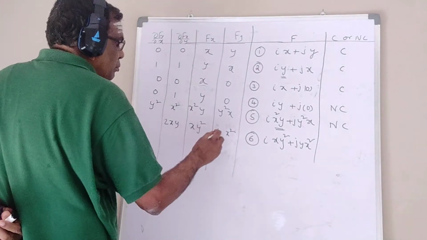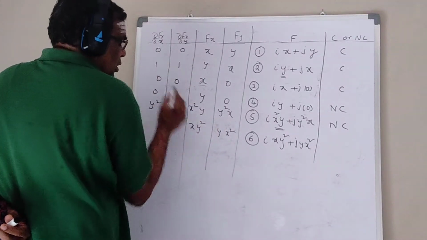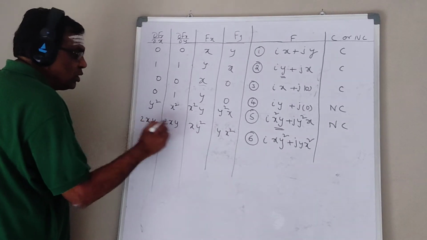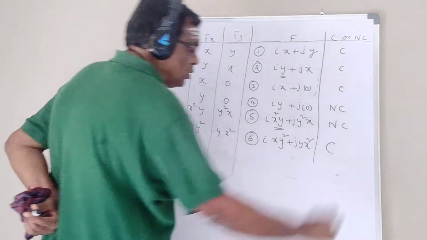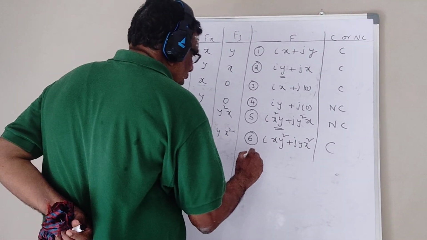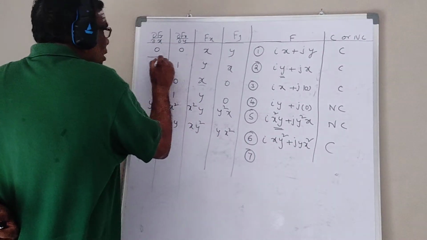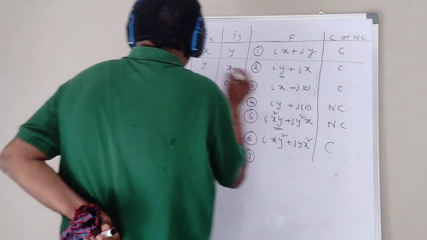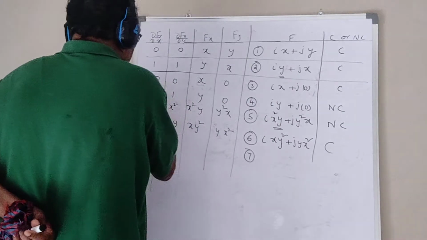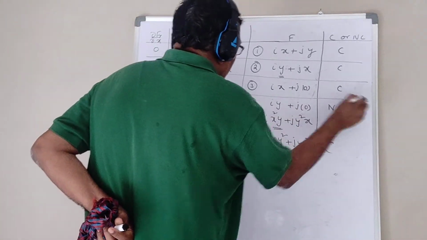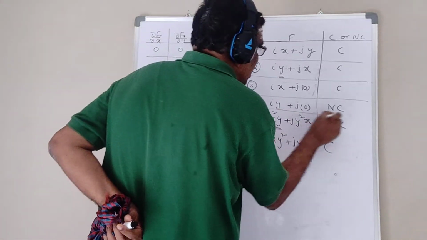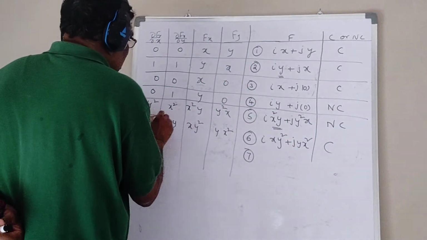Then y x² with respect to x gives 2x times y. So these two are the same. So this is a conservative force. Now I am going to the next one. I think I will draw a line for you so that you won't have any problem at any stage. This is very, very important, my dear friends. Okay? All right.